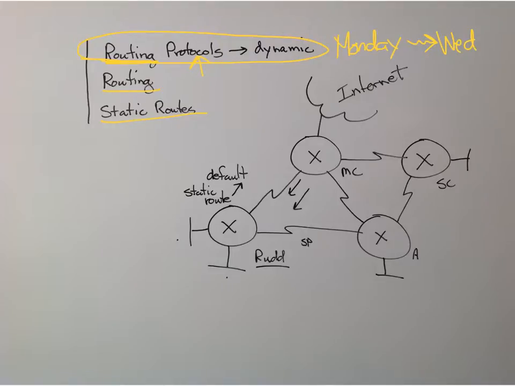Now, in this area of static routes, we're thinking about a couple different types. If we look at the network we have here, we have the internet, and then Mason City, Rudd, Algona, Sioux City. I just made those up.